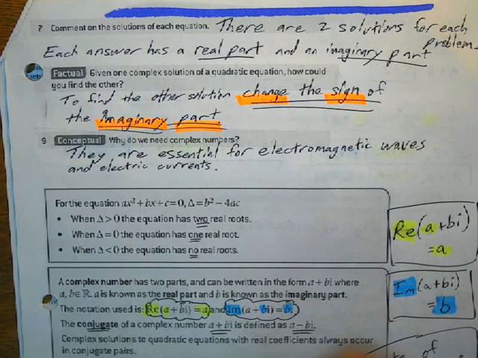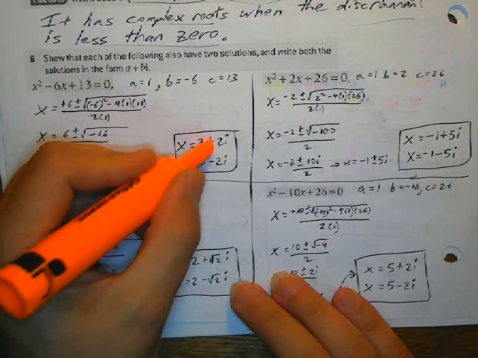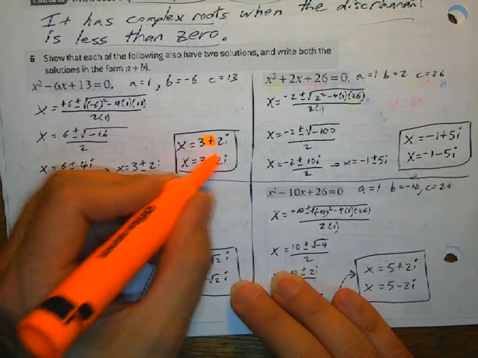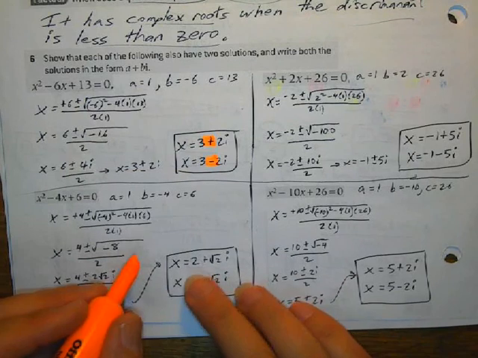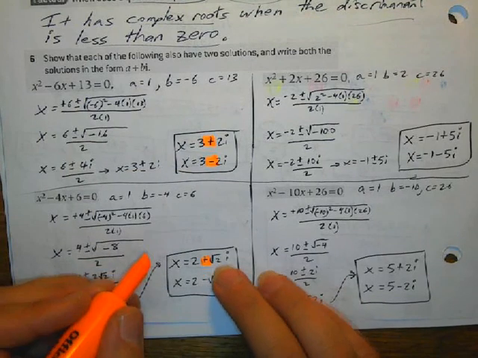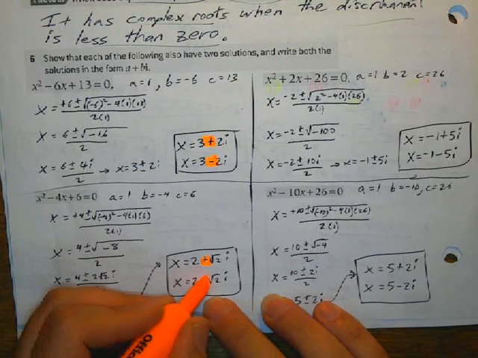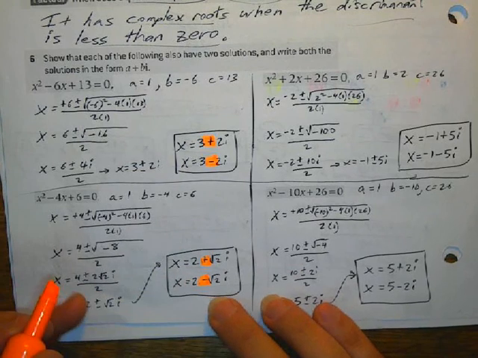Let's look back at what we did. Notice this one here had 3 plus 2i. This one had 3 minus 2i. This has 2 plus radical 2i. This one has 2 minus radical 2i.